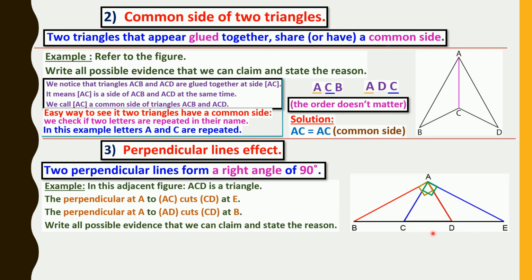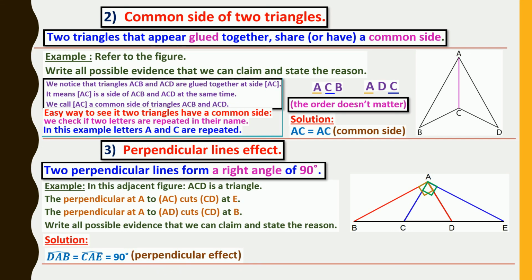No information is mentioned. We can only claim that the angle CAE equals angle DAE equals 90 degrees because of the perpendicular. Solution, DAB equals CAE equals 90 degrees, and the reason here is not given, it's because of the perpendicular. We write perpendicular effect.